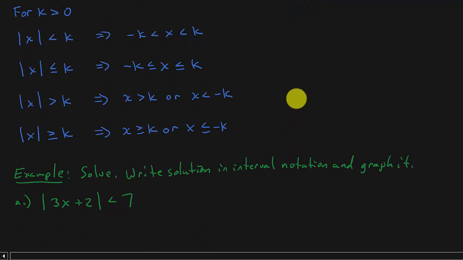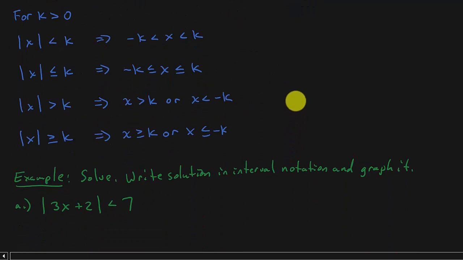Okay, so now let's go to absolute value inequalities. There was a lesson before this on linear, rational, and absolute value equations. It's in this playlist. You can go back and watch it.